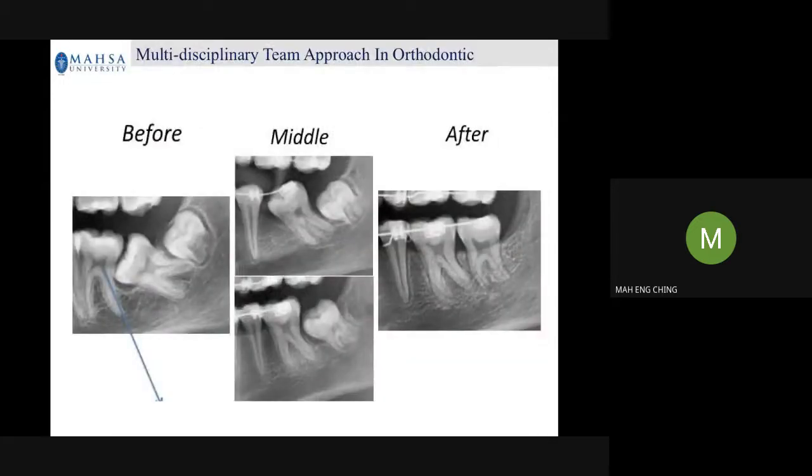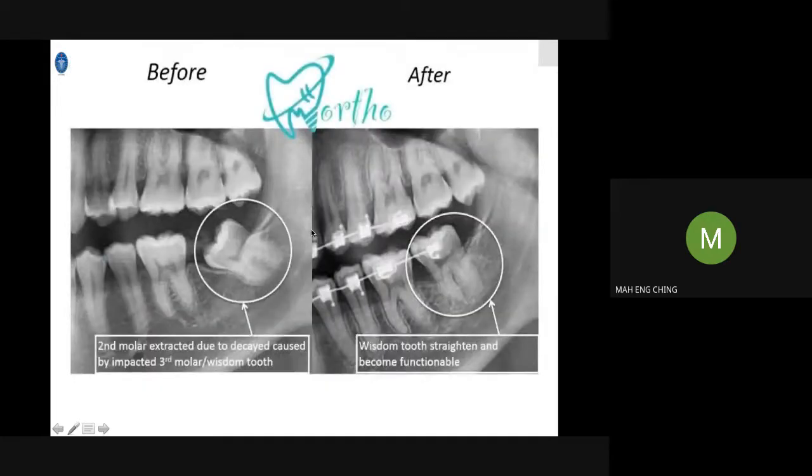Same thing, a tilted molar, we can upright it, no problem. You can use braces to upright it, but it just takes time. Same thing, if you're missing 7, then the impacted third molar might become useless. So you can upright it, straighten it, close the gap, then achieve better periodontal health.